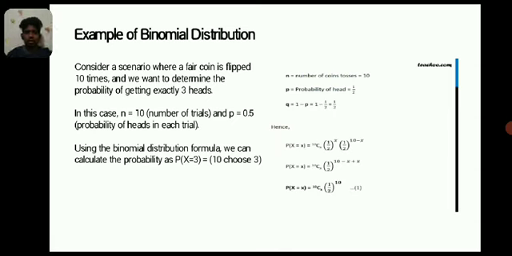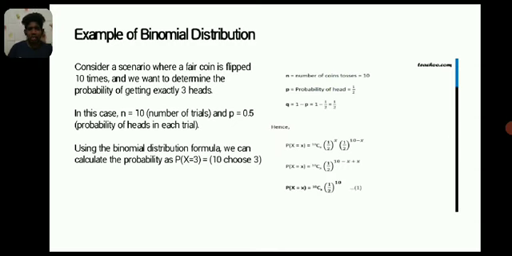Now, an example of binomial distribution. Consider a scenario where a fair coin is flipped 10 times and we want to determine the probability of getting exactly 3 heads. In this case, n is 10, that is the number of trials, and p is 0.5, that is the probability of heads in each trial.